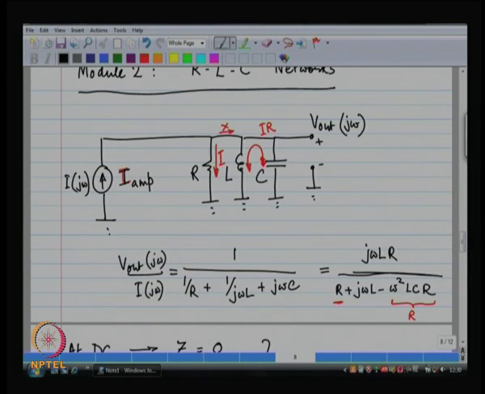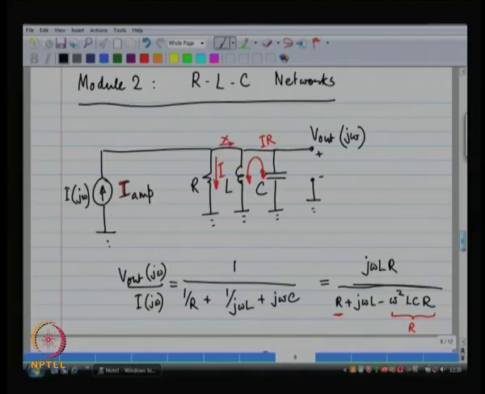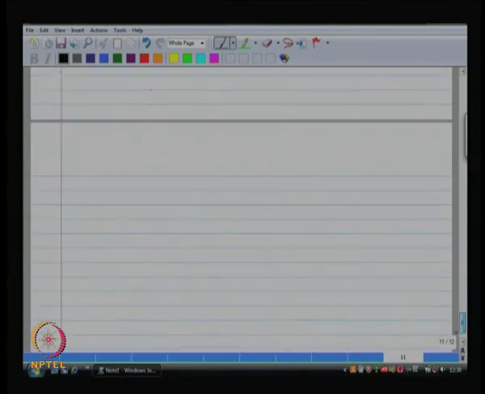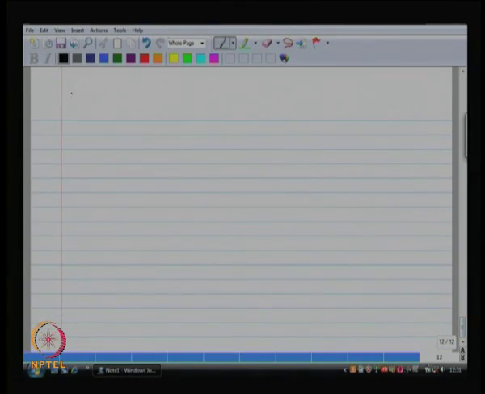The current through the resistor is I, which has an amplitude of I amp. So, the average power burnt is equal to I amplitude squared times R divided by 2. The 2 comes because of the RMS. All right.